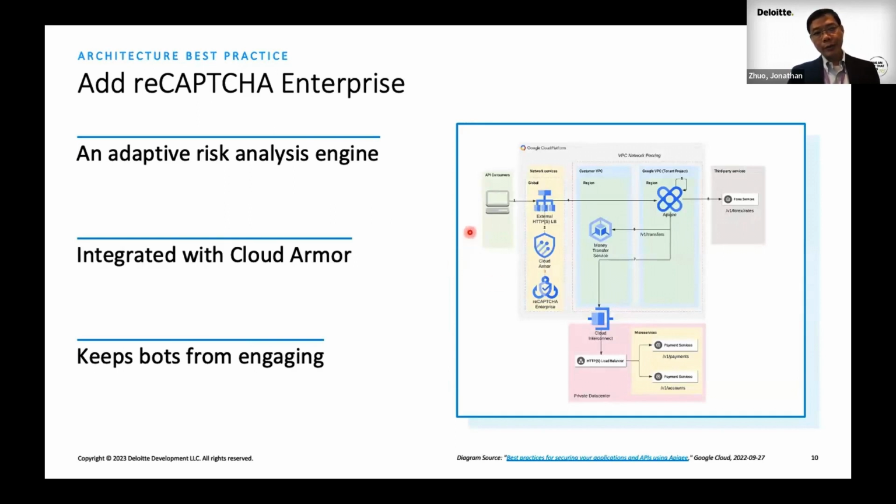So in this diagram, you can see the client sends the request to HTTPS load balancing with the credentials for the application, for example, an OAuth token. And then it flows through HTTP load balancing, also in conjunction with Cloud Armor.